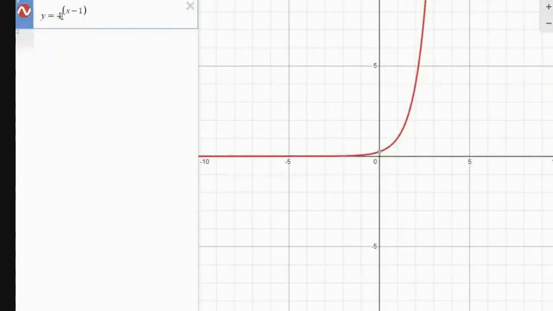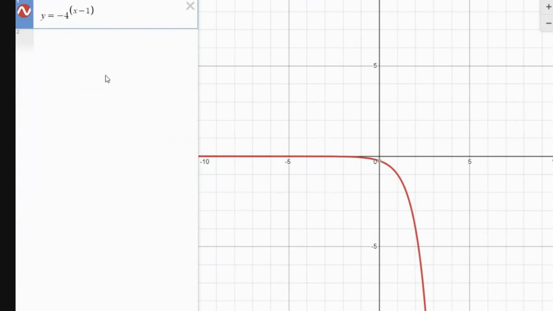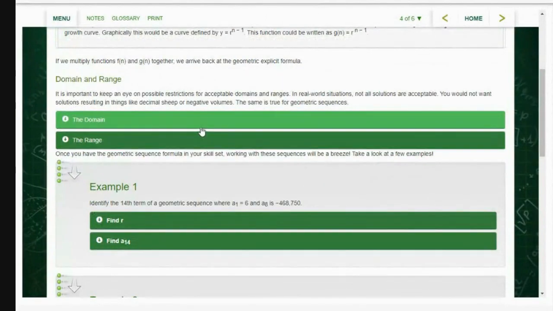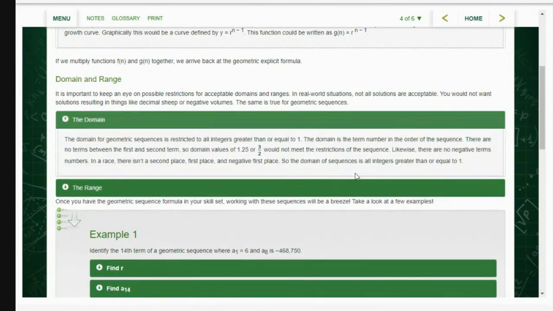If this was a negative, it'd be going down because we have decay, basically. Let's look at domain and range. You can't have a 0th term or a negative 4th term. So the domain is all integers greater than or equal to 1, and it's only integers. It's not 1.1, not 1.5, not 1.81.